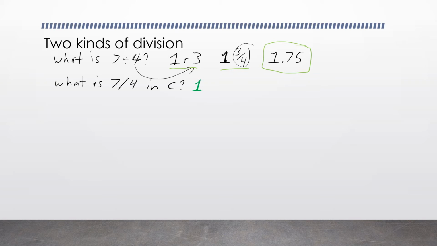The reason for that is 7 and 4 are both integers. So we do integer division. And when your computer's integer calculation unit divides 7 by 4, it takes the number of times 4 goes into 7 evenly, which is 1, and discards everything else.